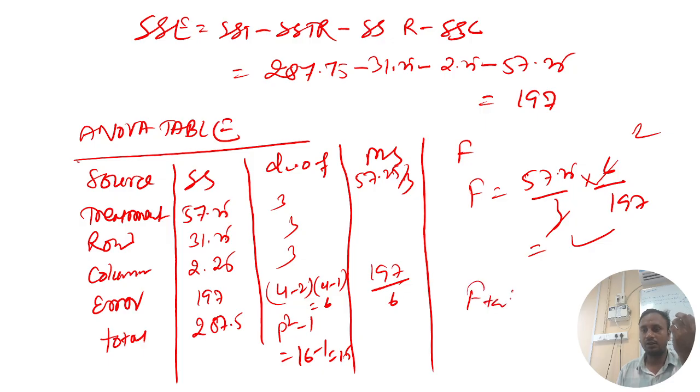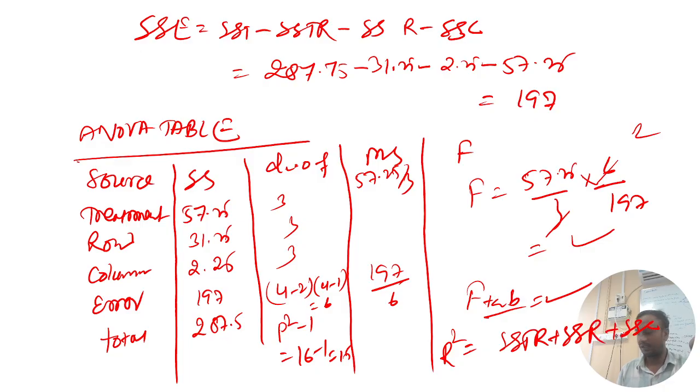Similarly, we can calculate the F tabulated, and R square we can calculate as SSTR plus SSR plus SSC by SST. Any doubt? That calculation you can do at a later part, is it?